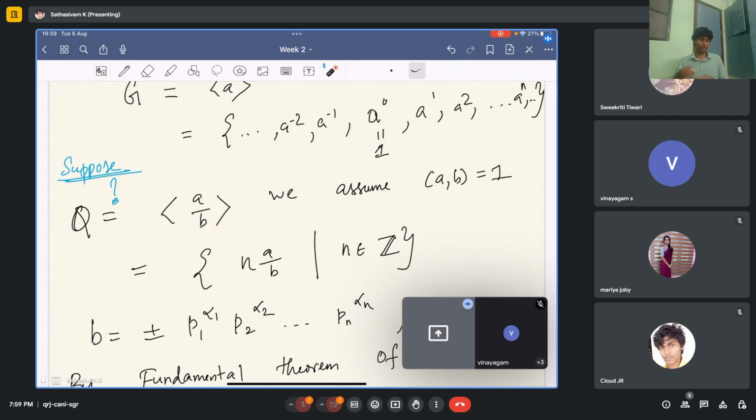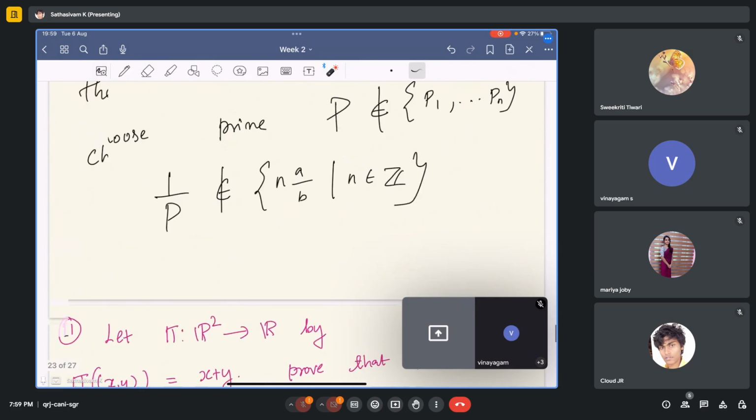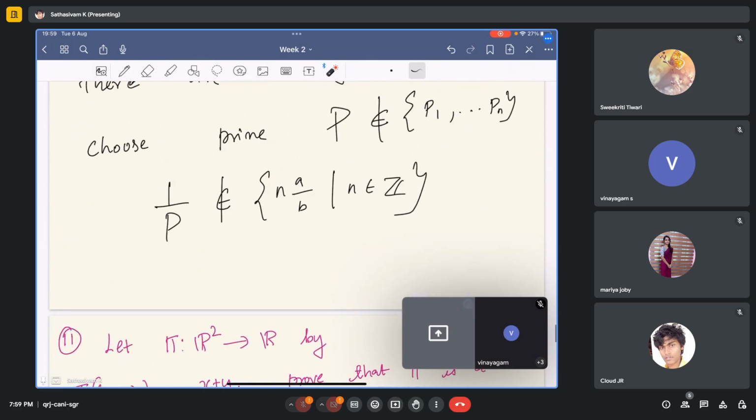That means this Q cannot be cyclic. Is that clear? Basically what we proved is that if you take any cyclic subgroup, Q is not contained in that. So Q is not equal to any cyclic subgroup. Q being cyclic means it is generated by some element, right? We just proved that whatever element you take and generate, you will never get Q.